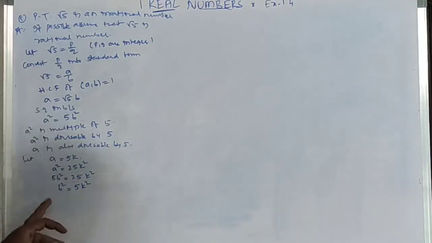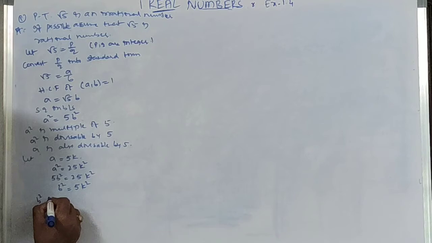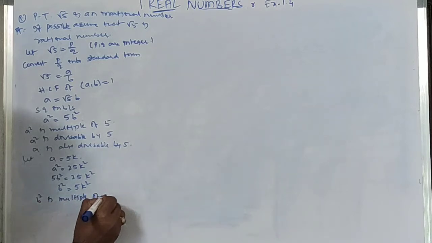If we observe, b square equals 5 into k square, so b square is a multiple of 5.